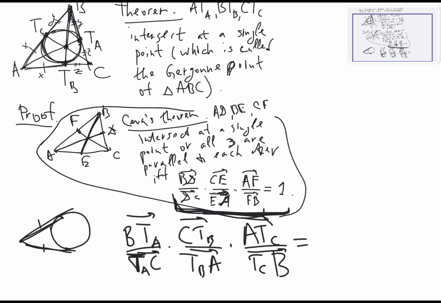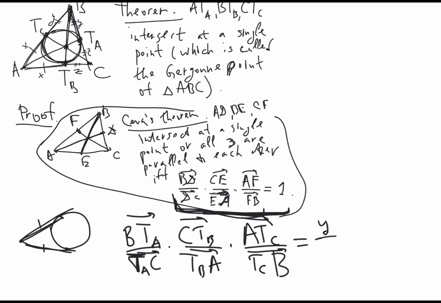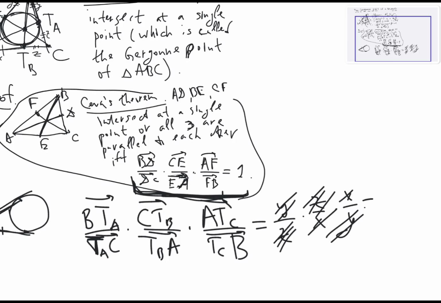So the first would be y over z multiplied by z over x multiplied by x over y. So I just replaced the segments with x, y, and z, and we see that x and x cancel each other, y and y cancel each other, and z cancel each other, and in total we have exactly 1.